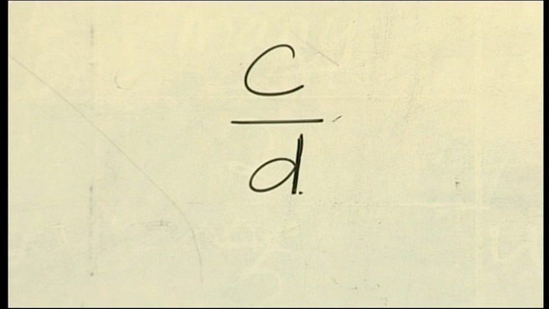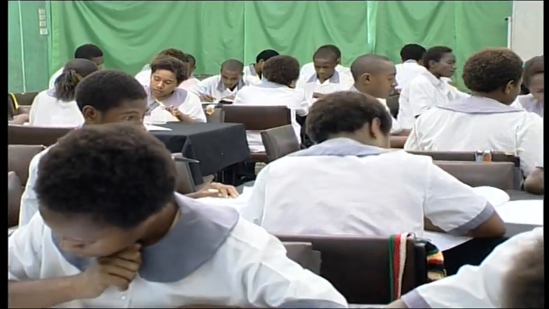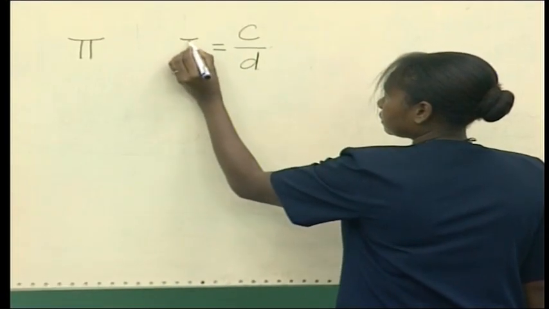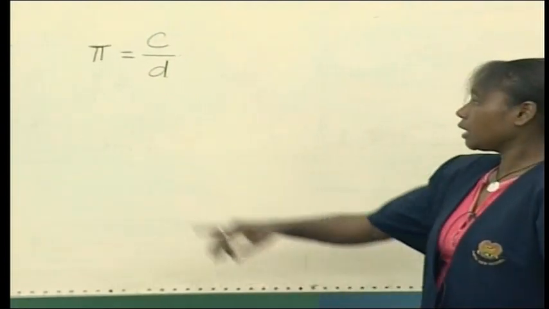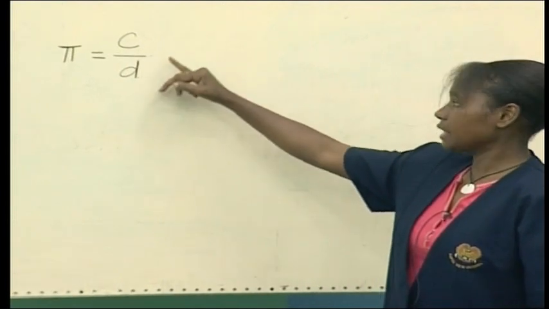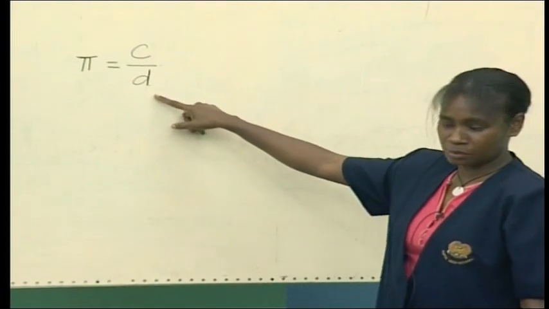There were formulas that you learned. The formula for calculating pi, which is circumference over diameter. Okay, students? From your previous lesson, you learned the formula for calculating pi, which is C over D, circumference over the diameter.